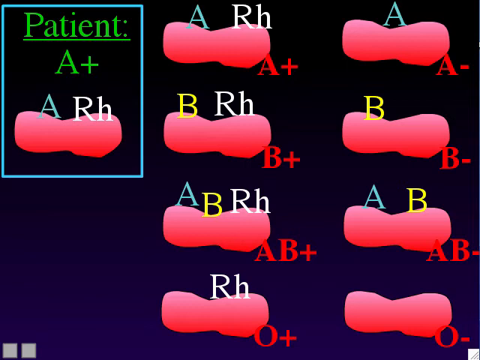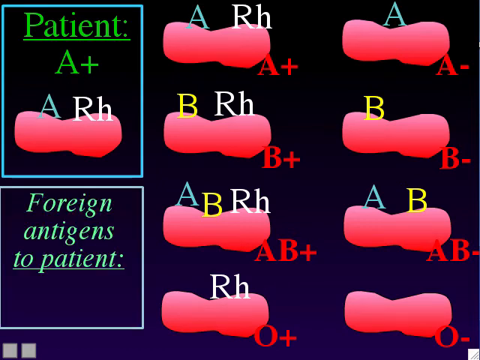And then the third step is this. Just below this patient blood type cell you've drawn, write in what the foreign antigens to that patient are. And what are those? Well, they're going to be all the antigens that the patient does not have. So remember that the 3 types of antigens that you can find in red blood cells are A antigen, B antigen, and Rh antigen. So the foreign antigens to a patient are the ones that the patient doesn't have.